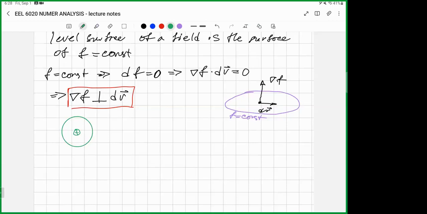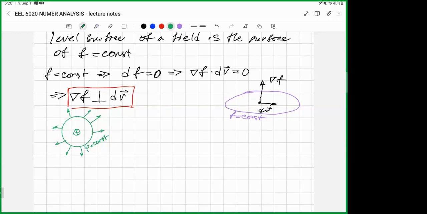And because of the spherical symmetry of the problem, the potential on this spherical surface is constant, right? And that means that the gradient of this potential is directed like this. It's normal to the level surface.